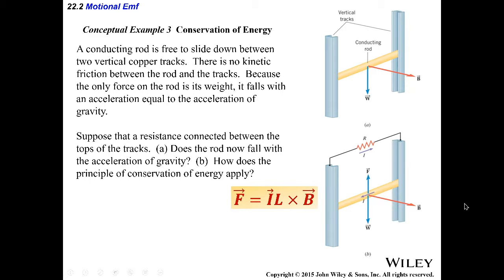With I moving this way and B out of the board, the thumb gives the direction of the force. So the motional induced current now has a reaction due to this external magnetic field, and the force is upward. That's what this diagram shows.